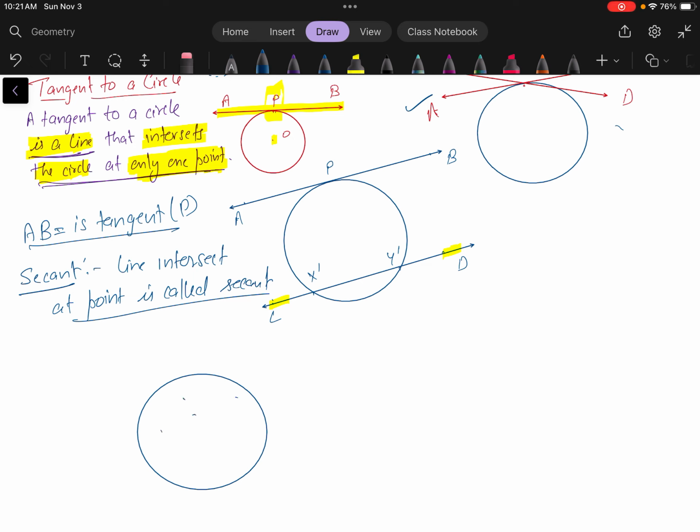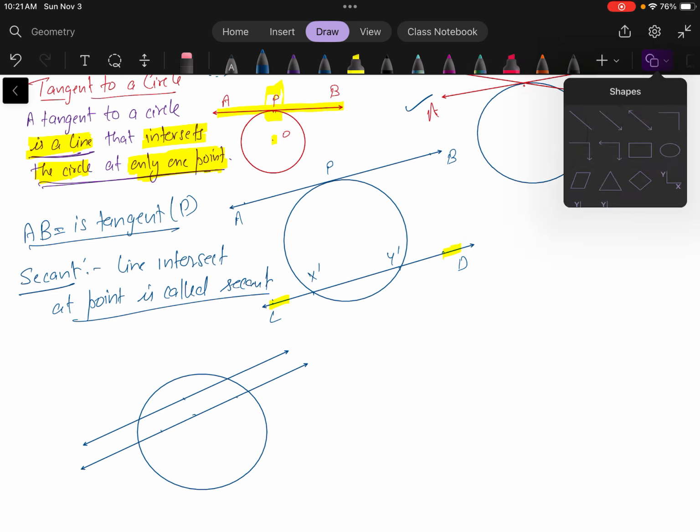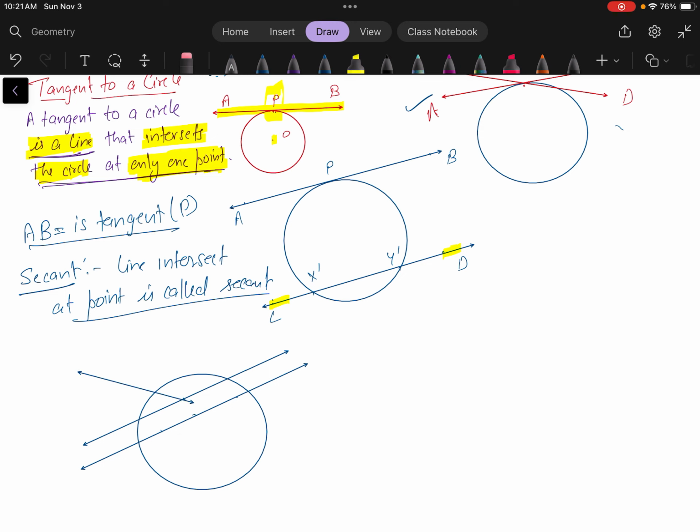Now if I draw a line from this point, and another line like this from this point, any line passing through a point inside the circle is a secant line, it's not a tangent. So we cannot draw any tangent from a point that is residing inside the circle.